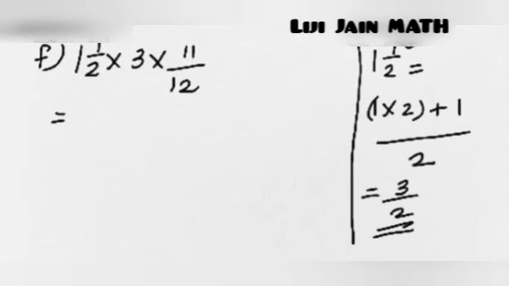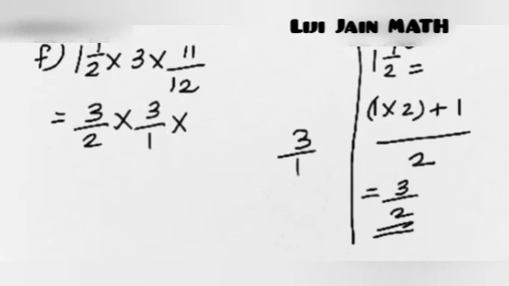So directly you can convert a mixed number into an improper fraction in mind itself. So instead of 1 1 by 2, we can write 3 by 2 into 3, which has to be written in fraction form. What is the fraction form of 3? Yes, 3 by 1 is the fraction form of 3. 3 by 1 into next, yes, 11 by 12.